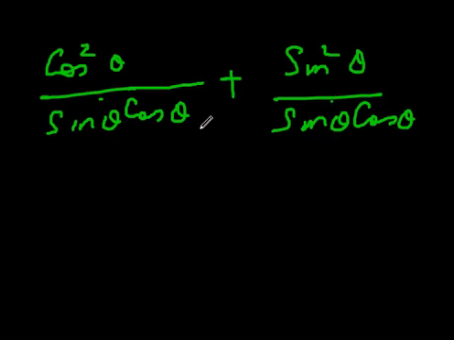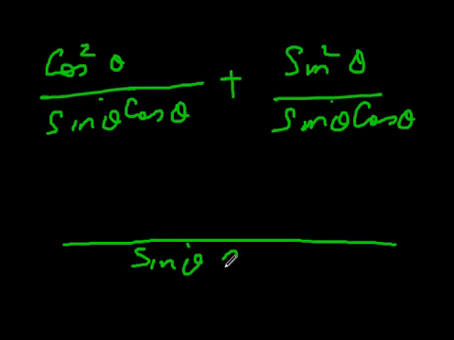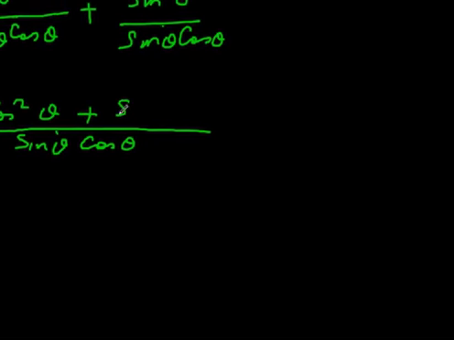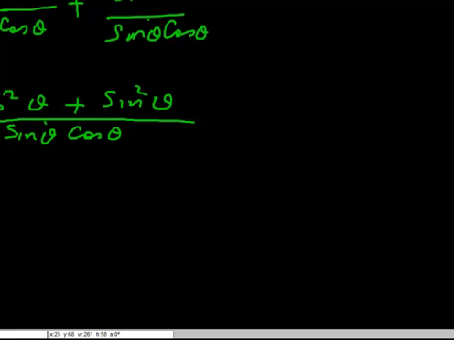Because denominators are equal, I can write it down as a single fraction, so it's cos squared theta plus sine squared theta over sine theta cos theta. We know that sine squared theta plus cos squared theta makes 1, so my numerator is 1 and denominator is sine theta and cos theta as a product.